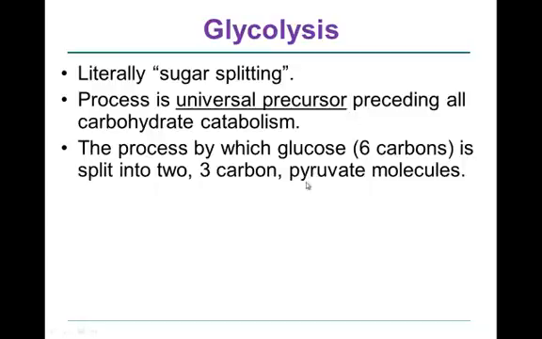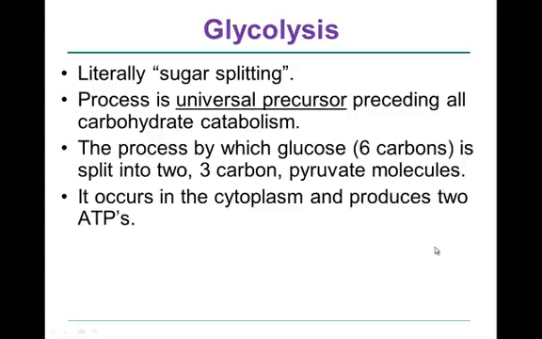And what happens next to these two 3-carbon pyruvate molecules depends. It depends upon the oxygen environment in the cell. I should also note that the process of glycolysis produces 2 ATPs. It in fact produces more than that, but some of them are consumed in the process. So there's a net production of 2 ATPs.